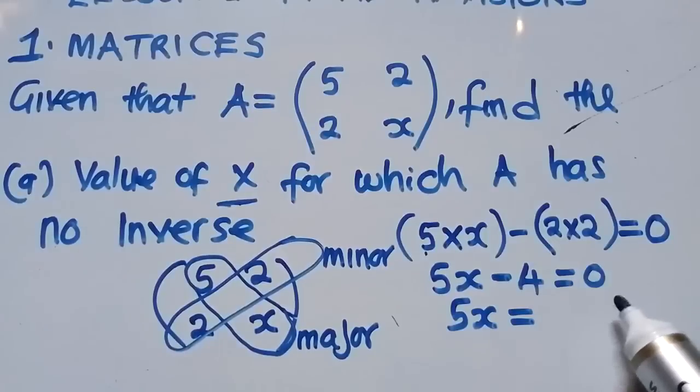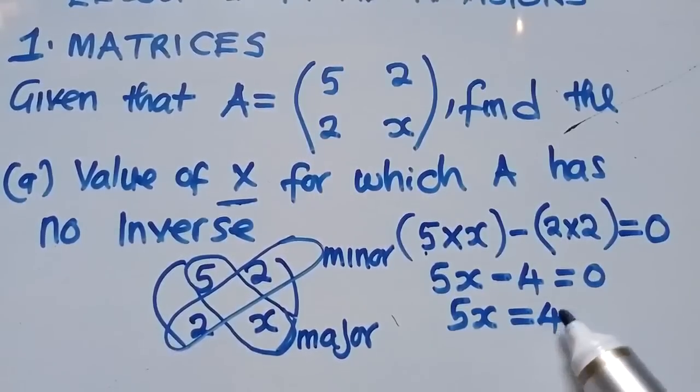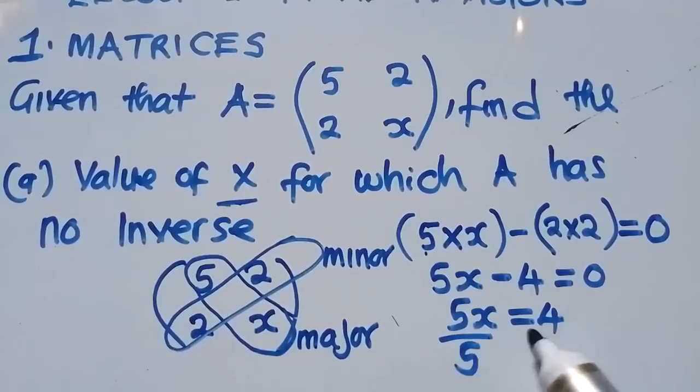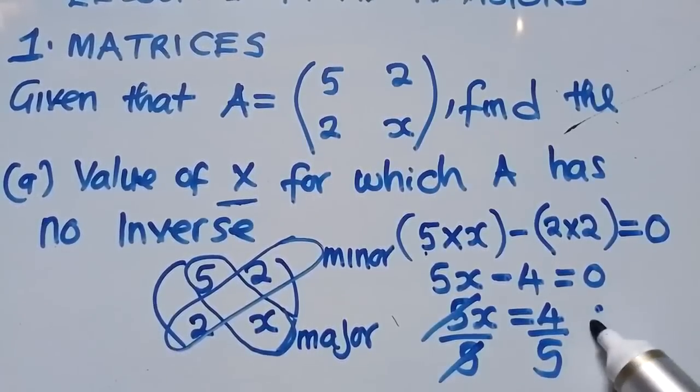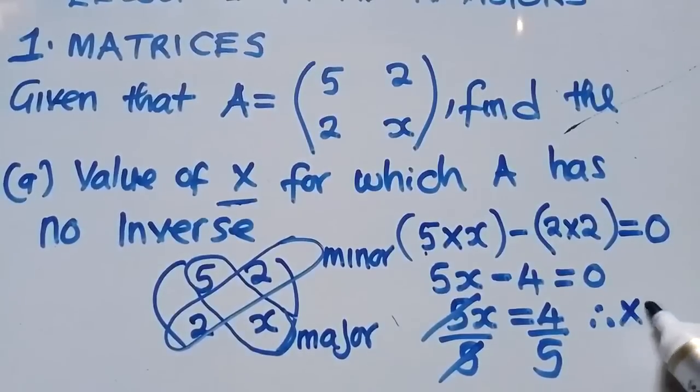When it crosses the equal sign, it becomes positive 4. So 0 plus 4 is just 4. You divide both sides by 5, 5 will be cancelled. Therefore, the value of x is equal to 4 over 5. This is your answer. That's how you need to answer that one.